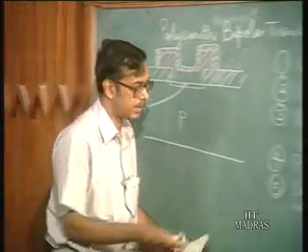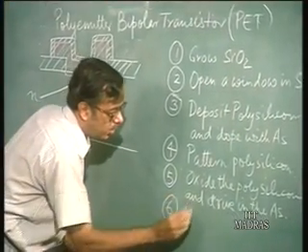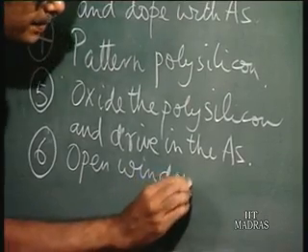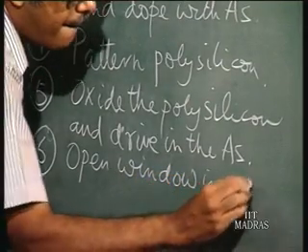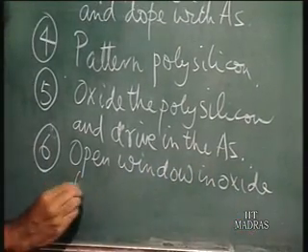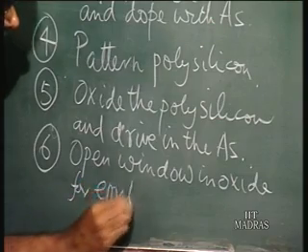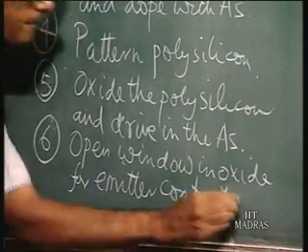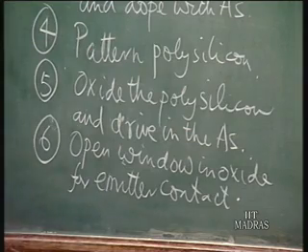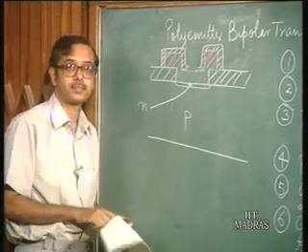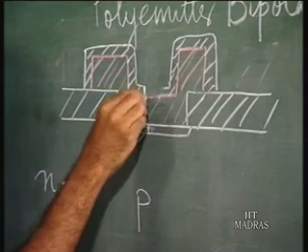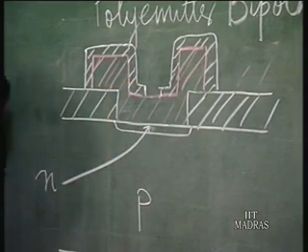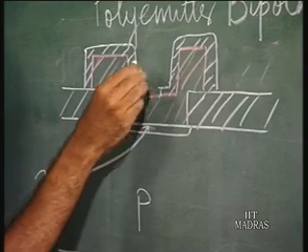Then the next step, final step: open window in oxide for emitter contact. Okay. That is, you again open a window here in this oxide, all right, and then you deposit metal.